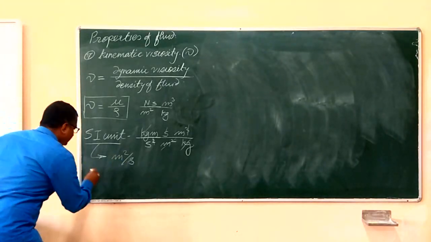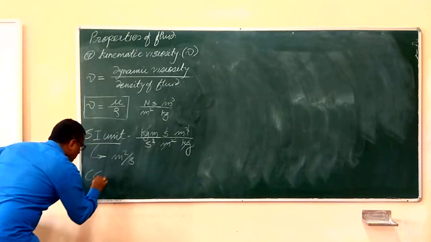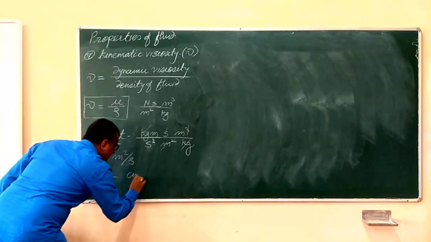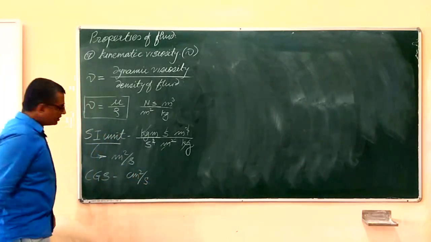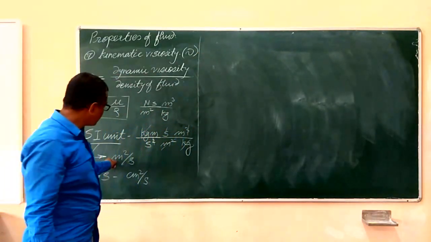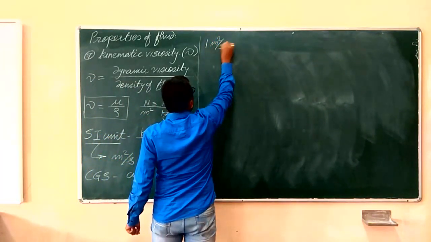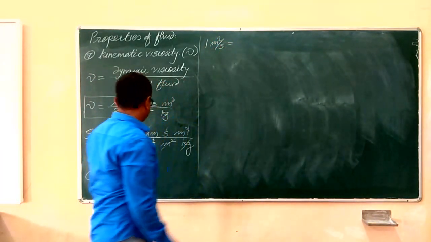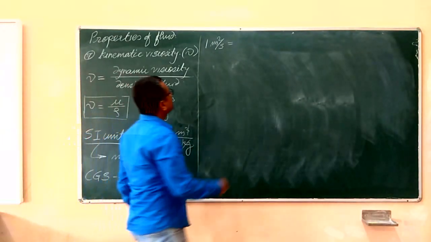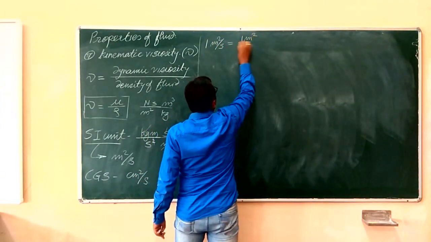So I would like to rewrite it. The SI unit is meter square per second, whereas the CGS unit for the measurement of kinematic viscosity will be centimeter square per second. Let us see the relation between them. Take 1 meter square per second, and write it as 1 meter square divided by 1 second.